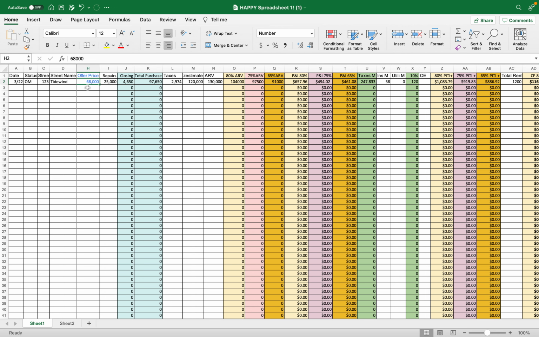But even with that number, I still want to get to know the seller and the seller's situation, and I want the seller to hopefully tell me what they're trying to achieve with this property, how much they're maybe trying to net. Every seller has a different situation. So hopefully I've gotten information from the seller, and then with this number, I can make an offer. So it doesn't have to be the 68.